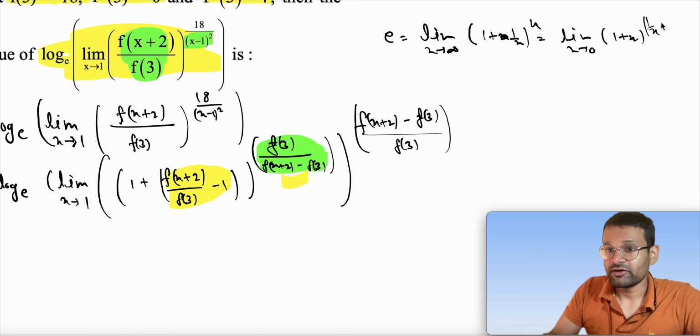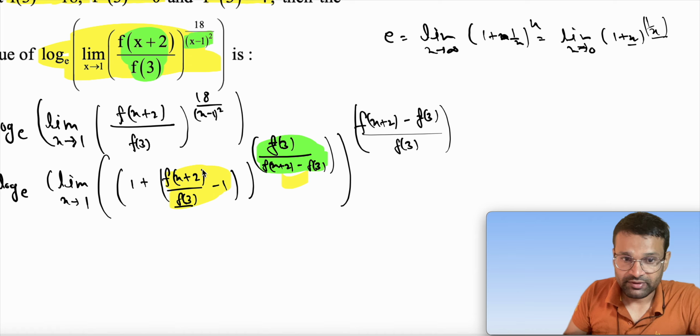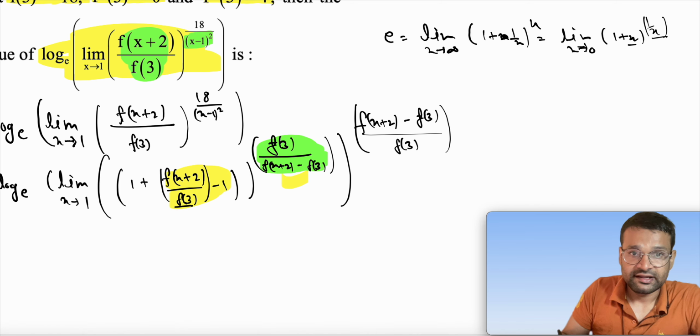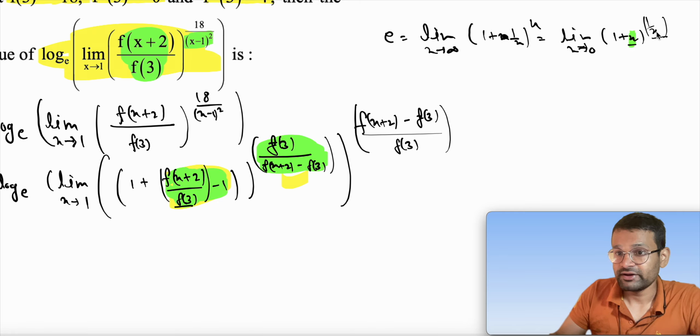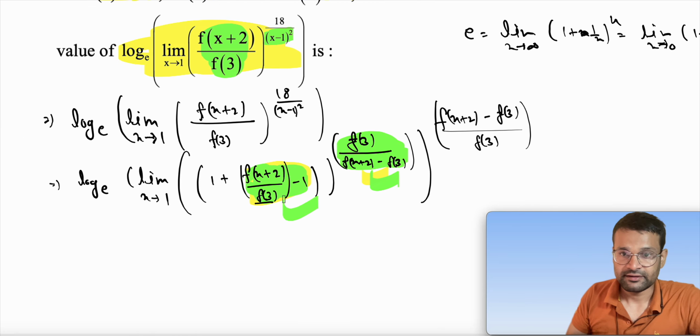Here it is infinity when x tends to 0. So when we subtract 1 from this part, this whole part tends to 0, so the situation will be similar. That's why we take the reciprocal of this part, and now you get this.